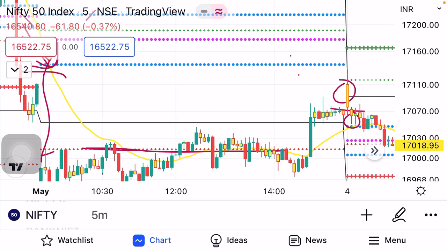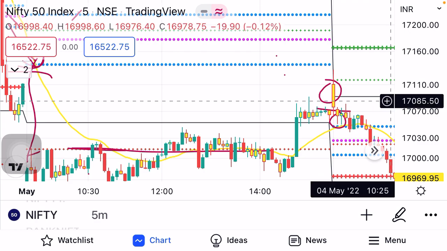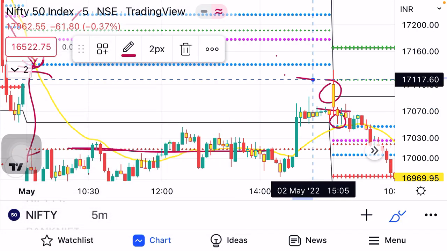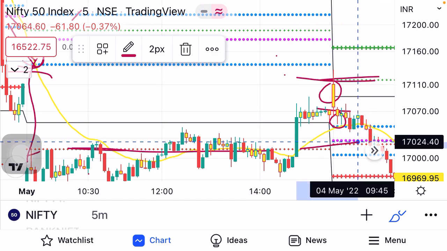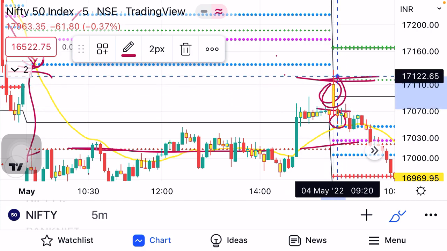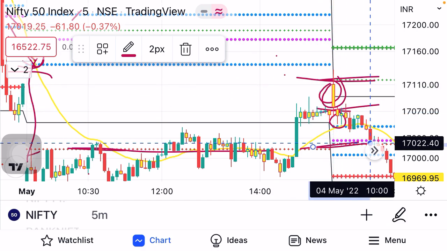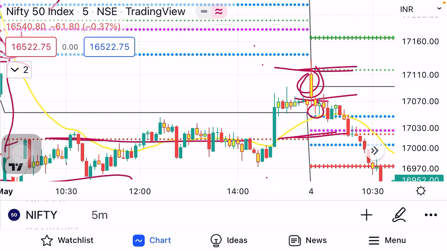See here, most probably our analysis will be H3 to L3, but since this is very wide, we don't take any trade. So it has reached L3, so our target has been met, right?